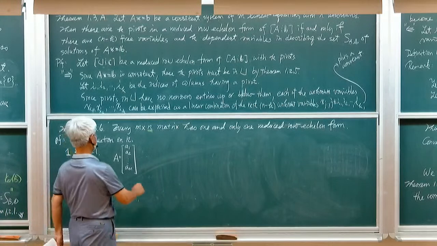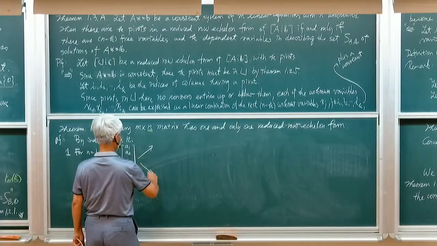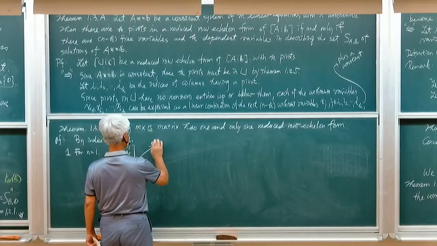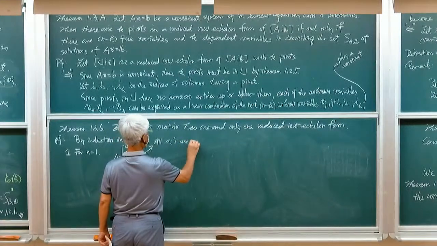Now, there are two cases. First, all the a_i are 0.